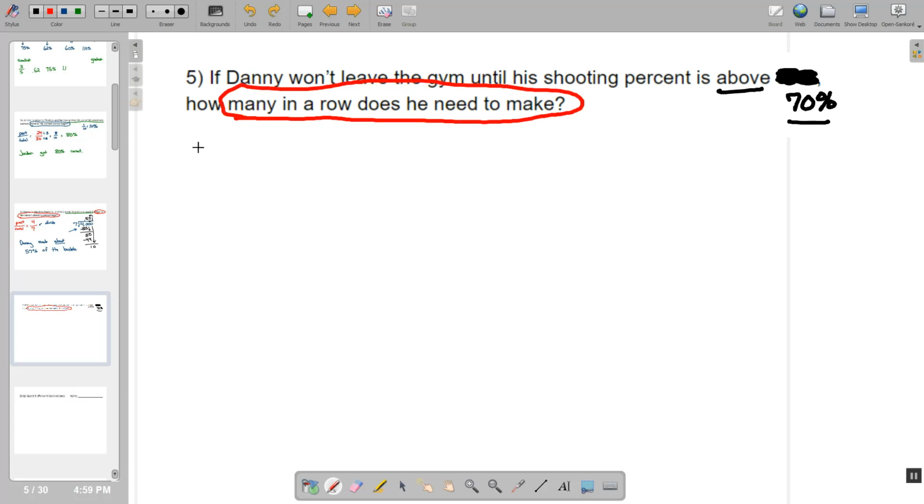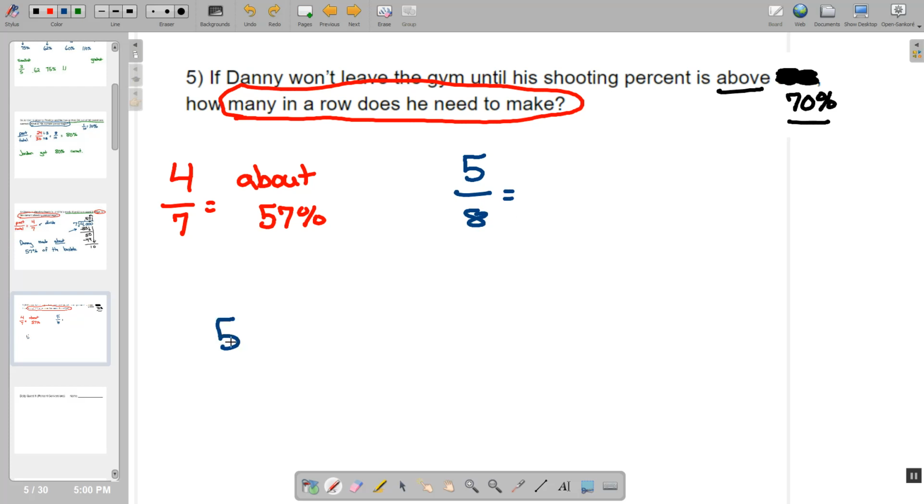So right now, from the last problem, Danny has 4 out of 7, which is about 57%. We know that from the last problem. If Danny makes his next basket, that means that he has made 5 out of, there are now 8 baskets. So if I did 5 divided by 8, working inside out, I would find his new shooting percentage.